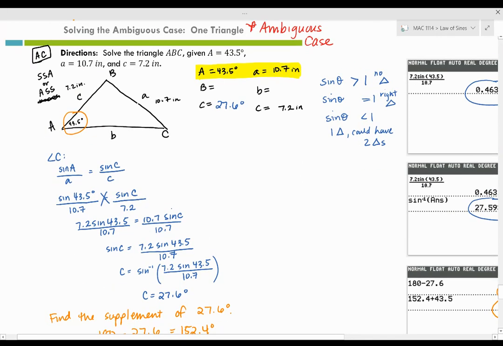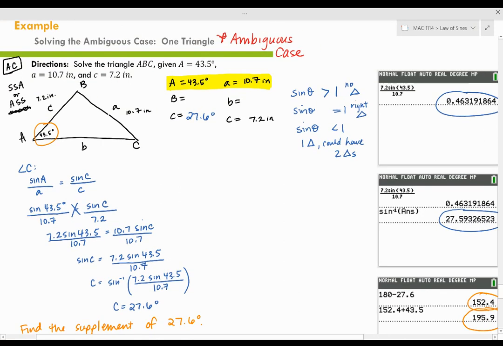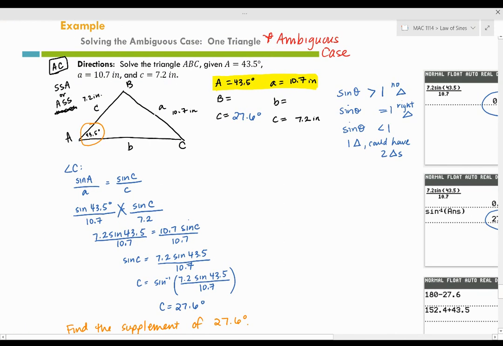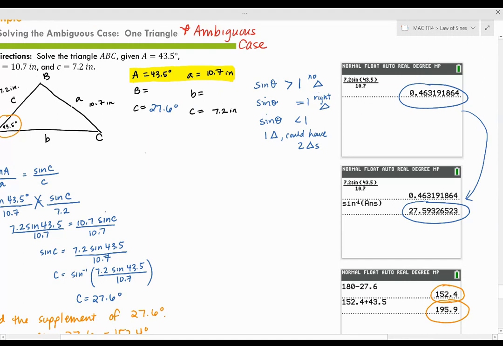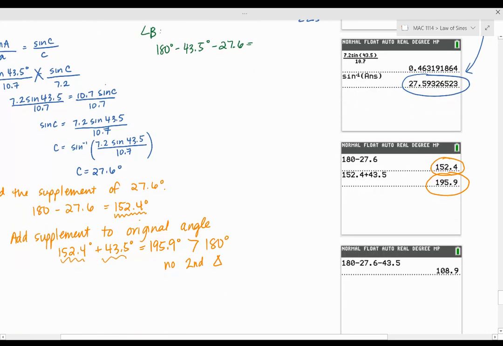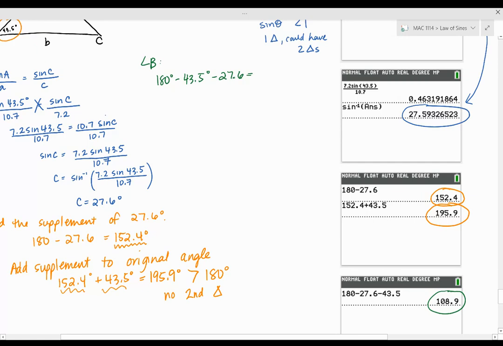Okay, so I found big C. Now the easiest thing to find next is probably big B, because all angles in a triangle sum to 180. So if I'm looking for angle B, I can say 180 minus 43.5 minus 27.6, and that gives me 108.9.